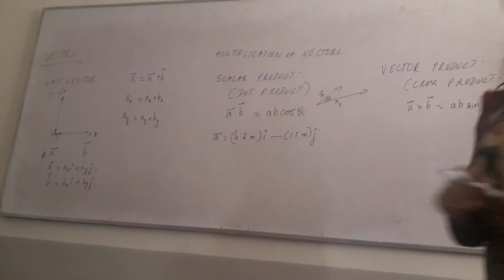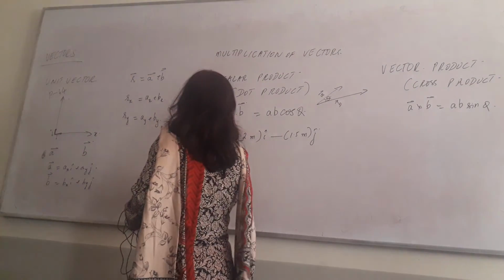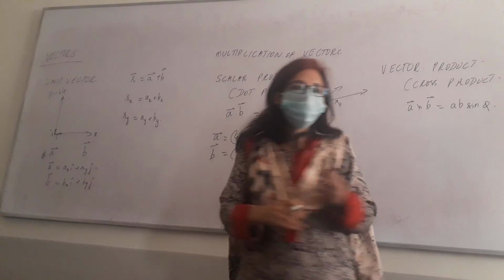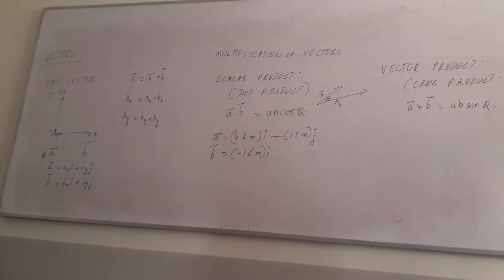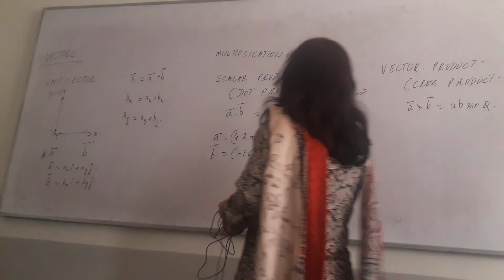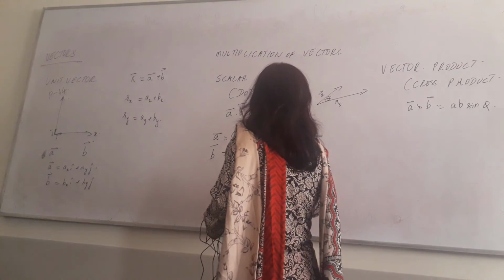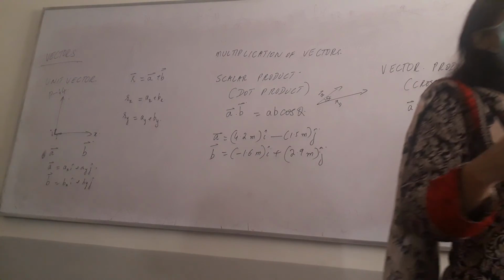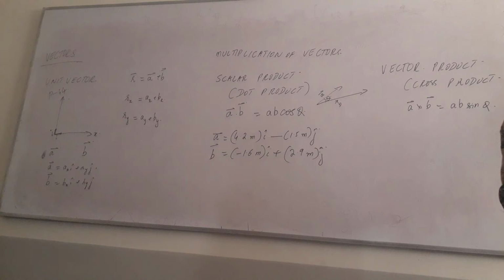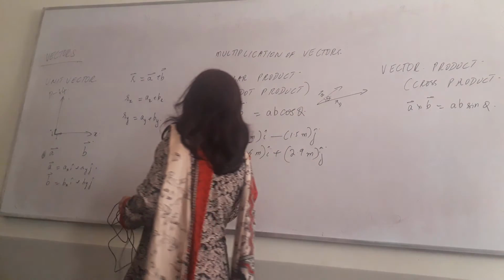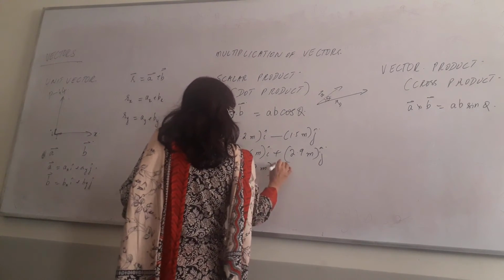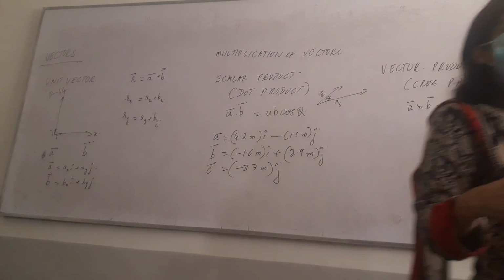B is equal to minus 1.6 meters i plus 2.9 meters j, and C is equal to minus 3.7 meters j. So these are three vectors.